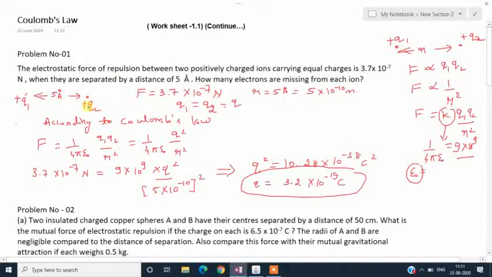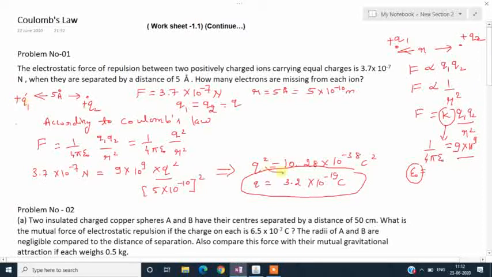Now we need to find out how many electrons are missing. If you keep any object as it is, its charge is zero; it doesn't have any charge. If you rub it or use some charging method, induction or rubbing, it gets charged. If it becomes positive, it means it is losing some electrons.